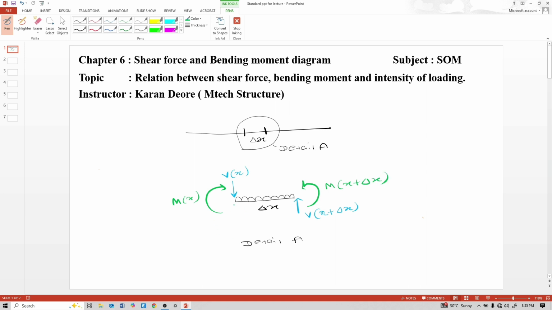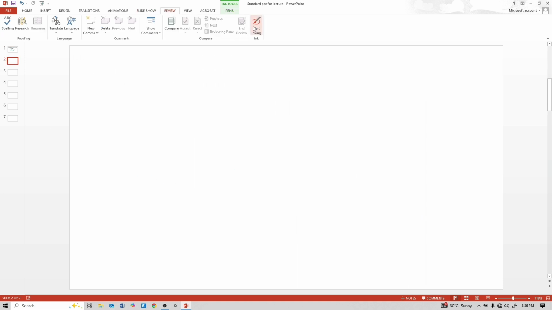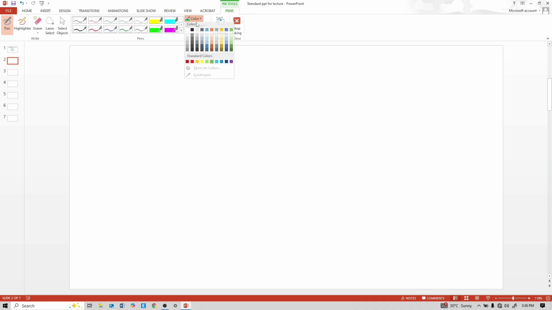Now consider this is in equilibrium and we have to find the relation between intensity of loading and shear, and intensity of loading and moment. That means how shear force V of x and M of x vary. So first, draw the equilibrium equation.